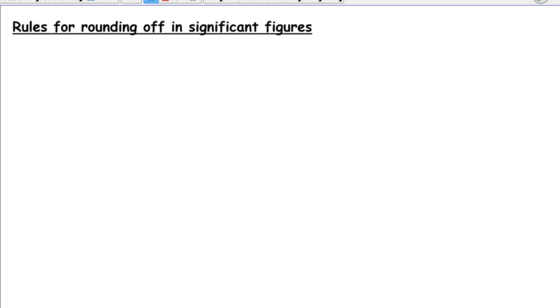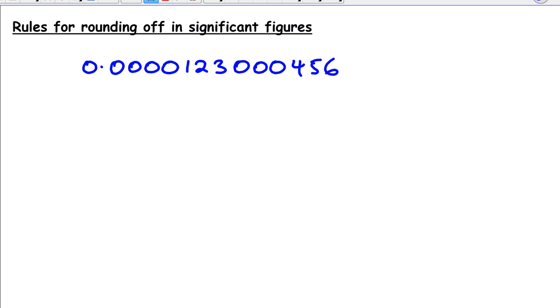Now, some rules for rounding off in significant figures, especially if you have zeros in between. So I'm just going to use an example here to illustrate what I mean. Suppose you have a question like this: 0.0001230045600.